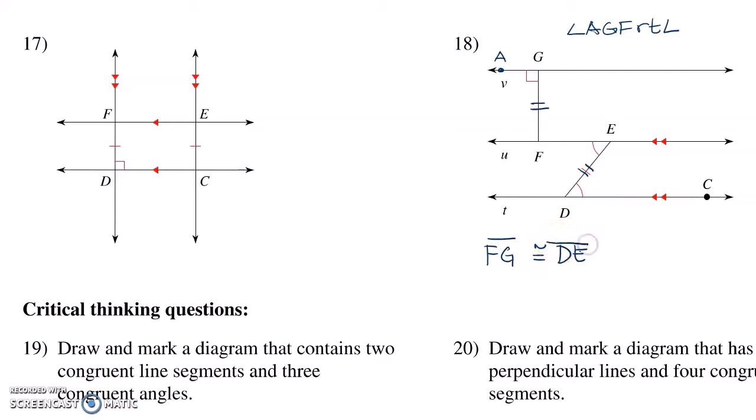Now I said GF, but I wrote FG, and that's okay because that's the same set of points. And then we have angle FED is congruent to angle CDE.